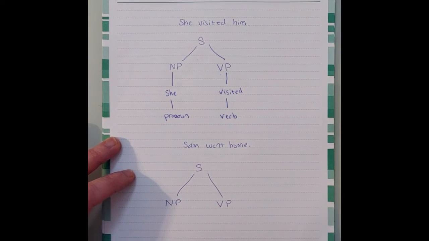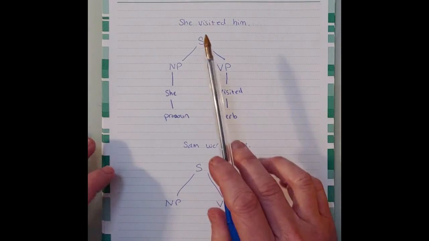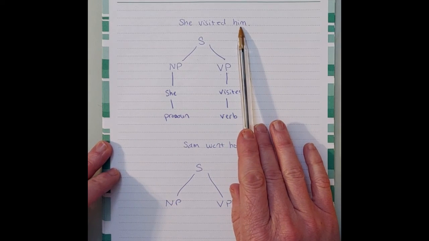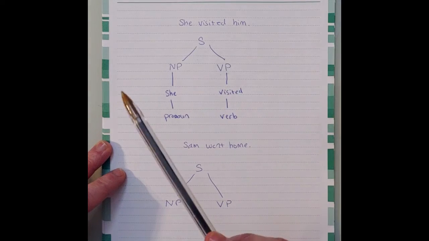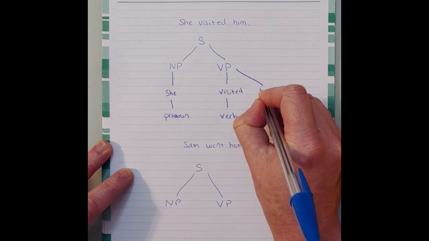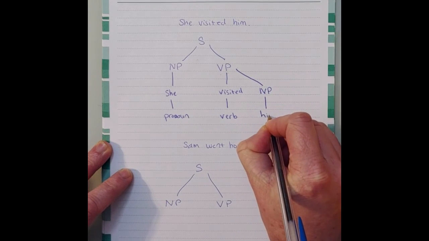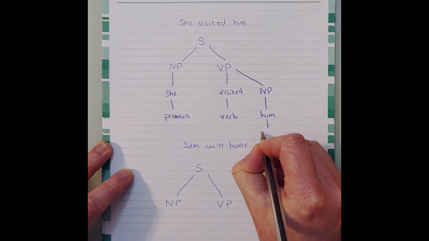We can. Not in our last example with she jumped. We didn't have a phrase inside our verb phrase, inside the predicate, but we do in this case. And in this case, we have the word him, which is functioning as a pronoun. And pronouns are part of noun phrases. So off my verb phrase, I'm going to draw another line, and I'm going to write noun phrase. I happen to have the word him, and that is a pronoun.